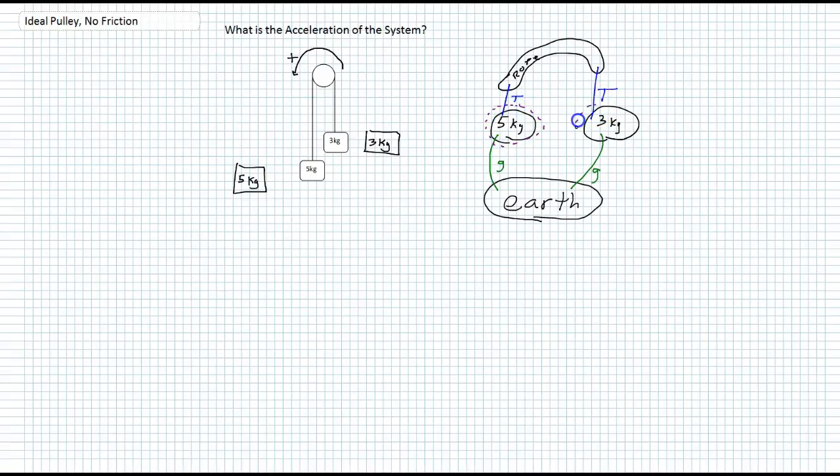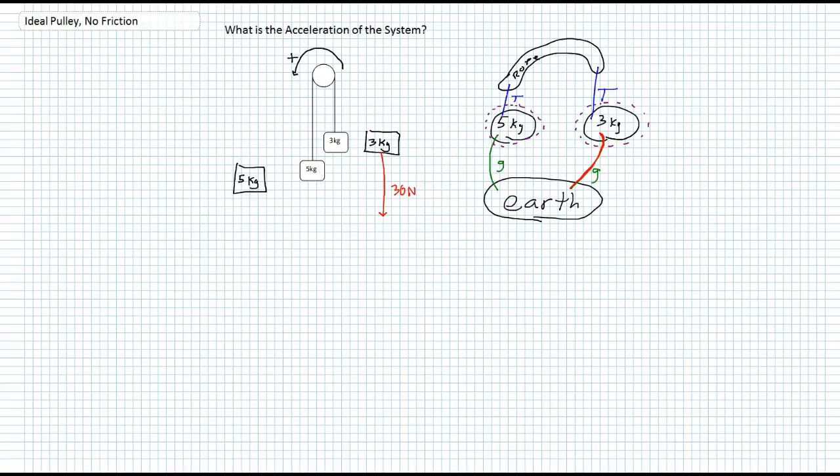So there's that, and there's that. Actually, I said I was going to color code it, so I'm going to change the color of this interaction to be red. Okay, for the 3 kilogram object, the gravitational force is going to pull it straight down, and that'll be 30 newtons. That's in the negative direction.